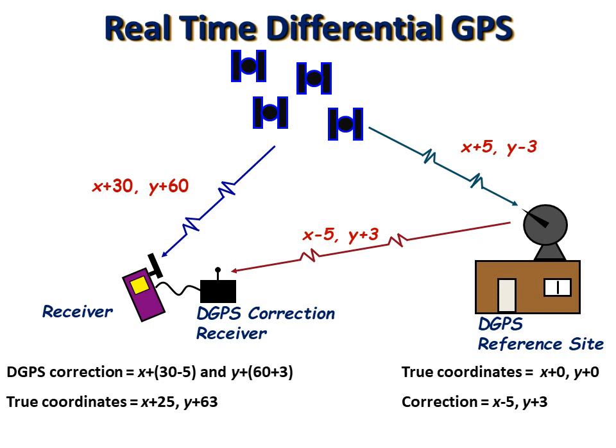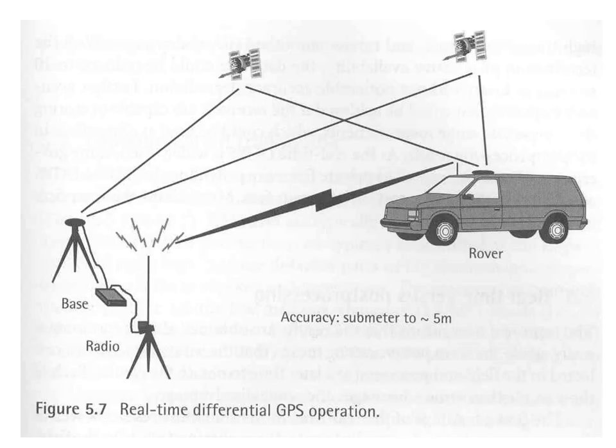That correction you have applied, and the true coordinates are now x plus 25 and y plus 63. This is happening in the DGPS system. The error is calculated using the reference receiver, and if it is a positive error, in the correction we put the opposite sign. Simple mathematics, and you apply it to the other receivers. The same is shown here also.